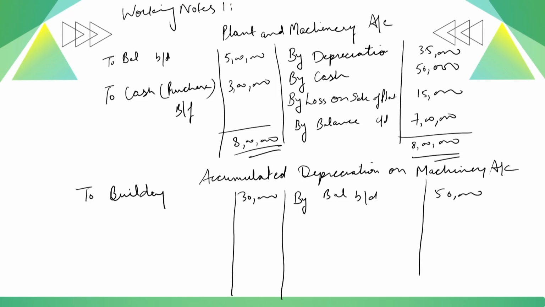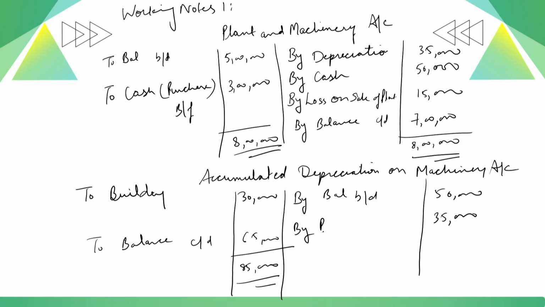And then we are also given the closing balance, to balance carry down, which is 65,000. So, making a total of 85,000 on the debit side, we are left with a balance of 35,000 on the credit side, which we will transfer to profit and loss account.